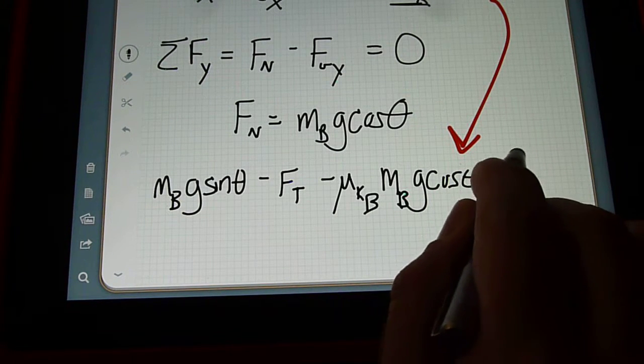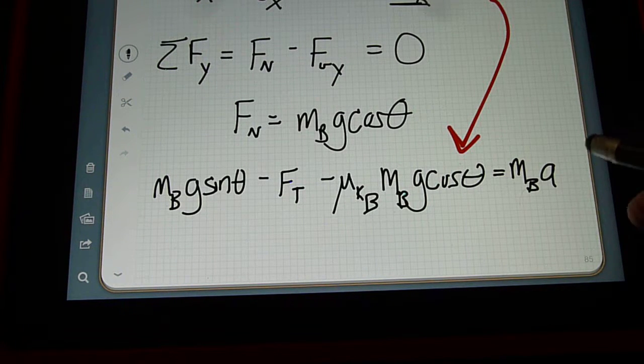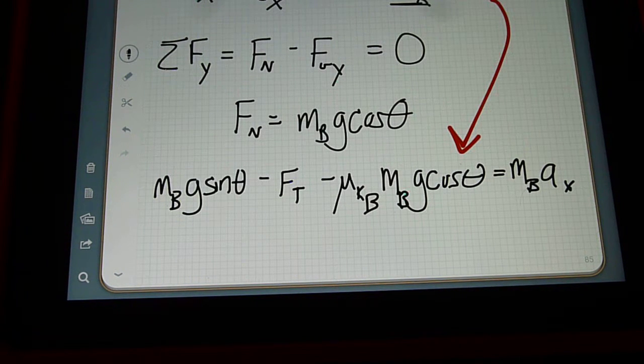And that's got to equal m_B times a. And that is in the x direction. I suppose that's what I have for the first one.